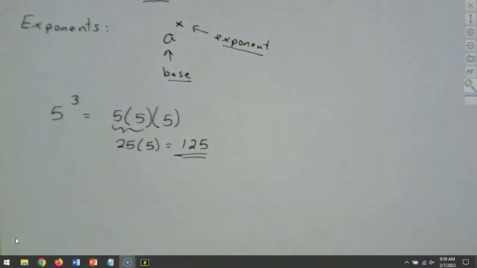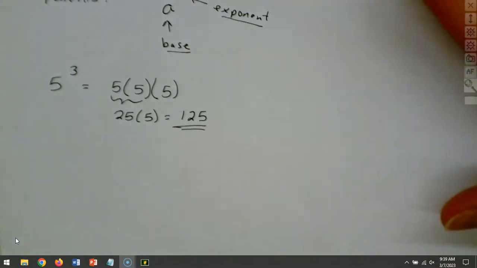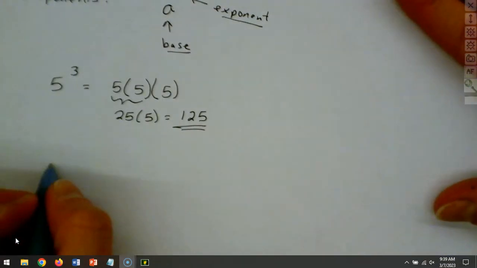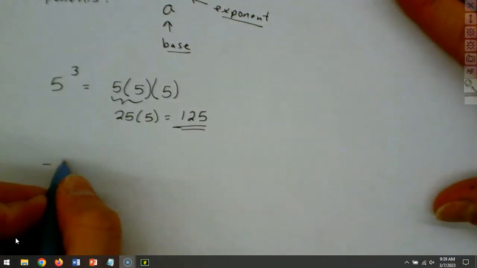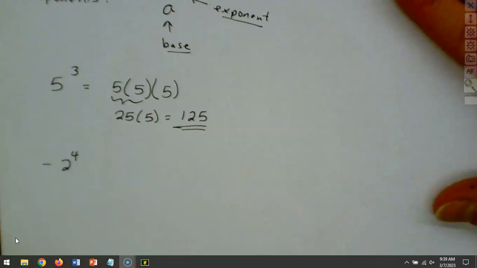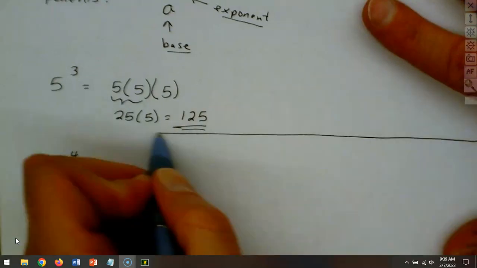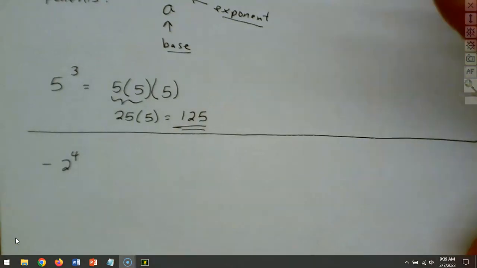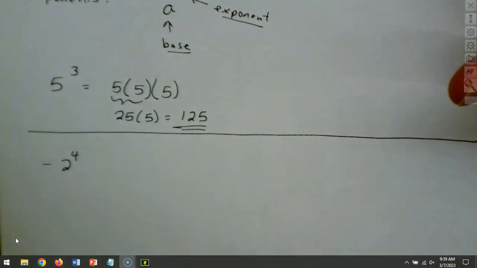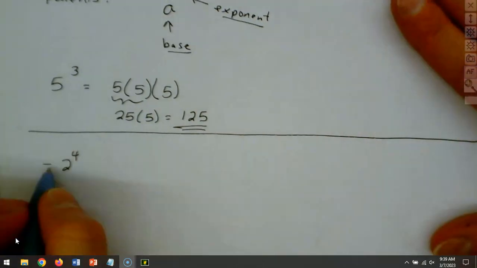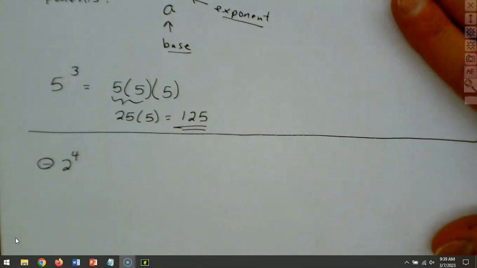Now, you have to be careful with the negative sign. So let's say I give you negative 2 to the 4th power. Okay? How do we evaluate negative 2 to the 4th power? Well, we don't have parentheses, so this negative here, it's just going to come along with it.